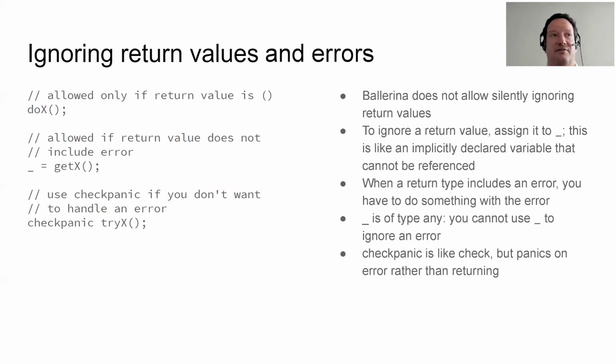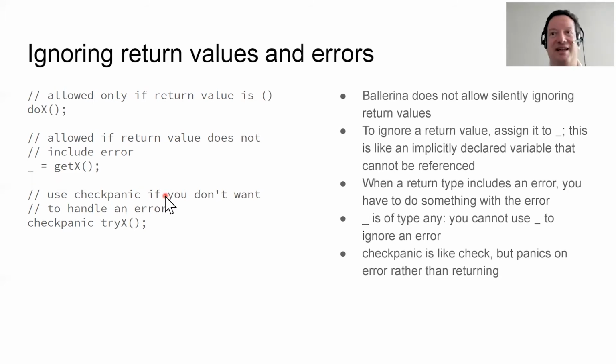If a function returns a string, you can't just say, I'm not going to look at the string, because that's the important information you're supposed to do something with. The only case where you can ignore the return value is when it's nil. So if you want to call this function that returns a value, but you're going to throw that away, then you can assign it to this special variable called underscore.